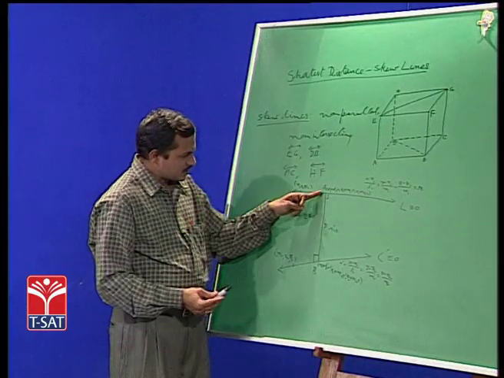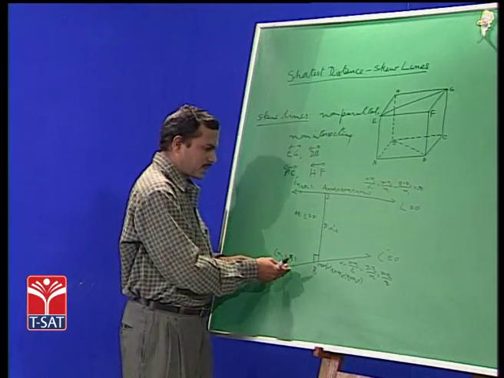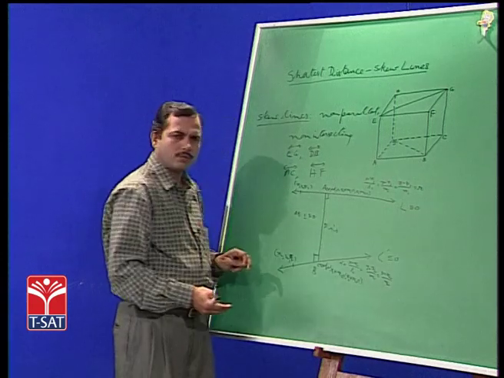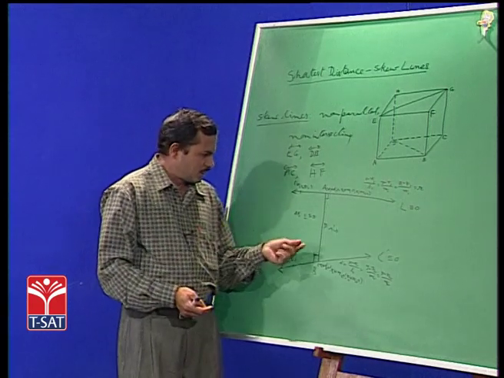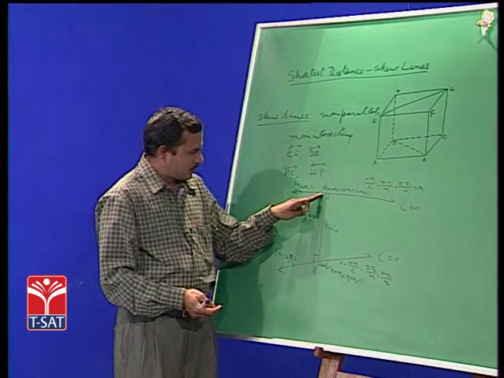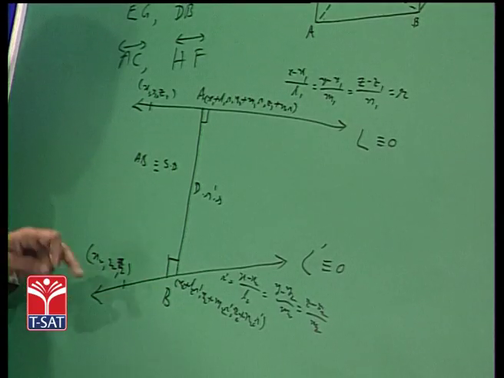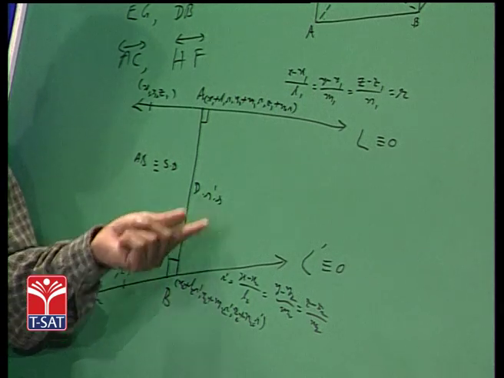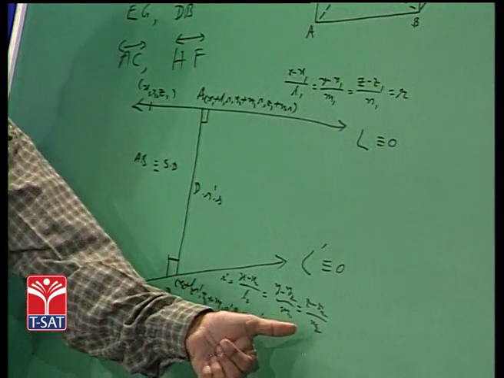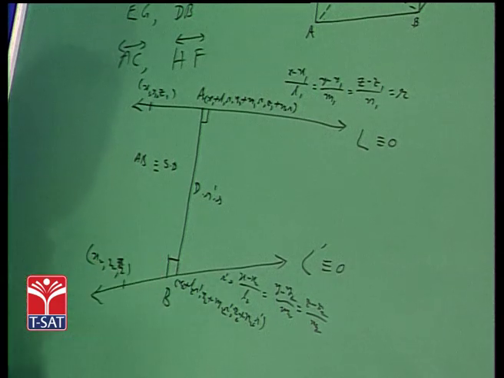Similarly, this line segment AB is also perpendicular to the line L dash equal to 0. Therefore, when we impose the condition that these two lines are perpendicular, we get a condition in terms of r and r dash and these direction ratios L2, m2, n2.